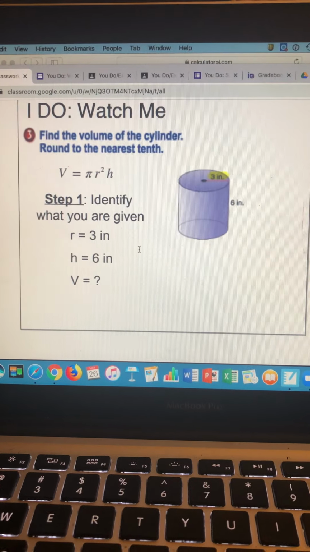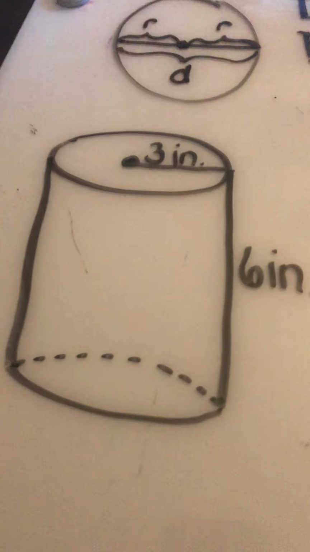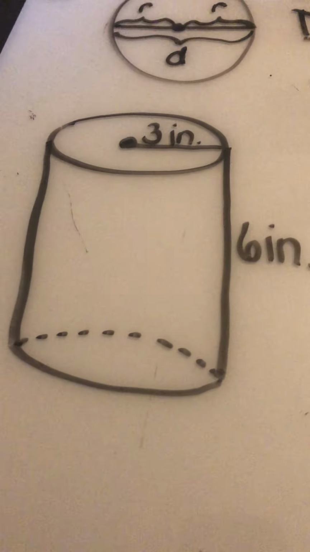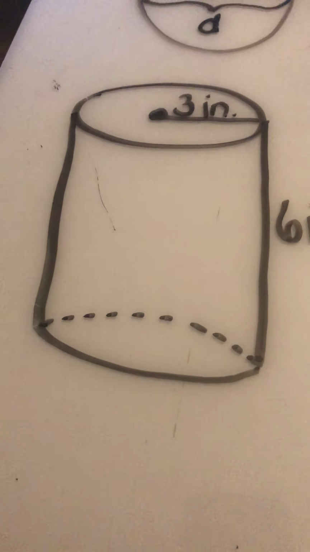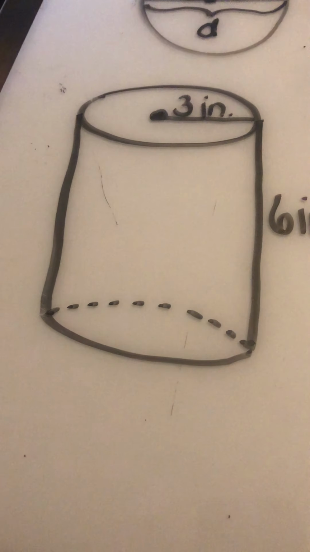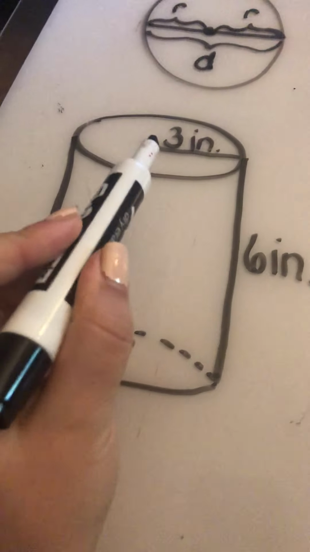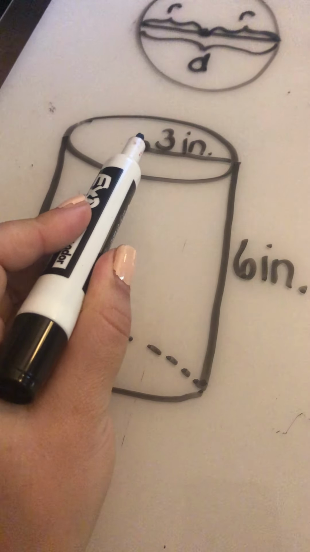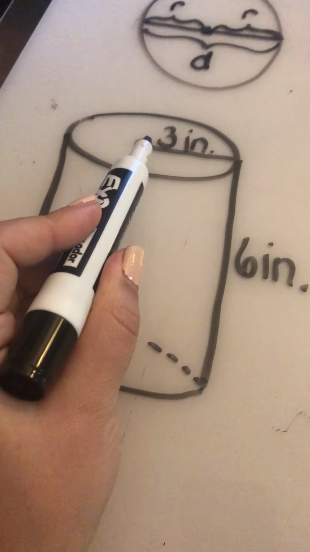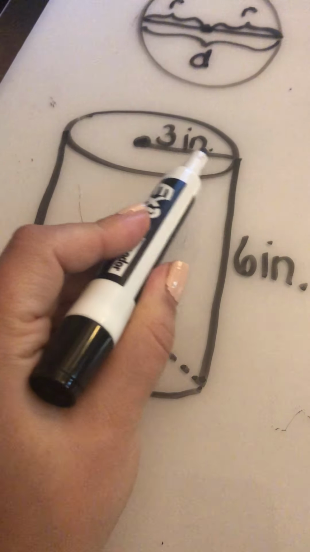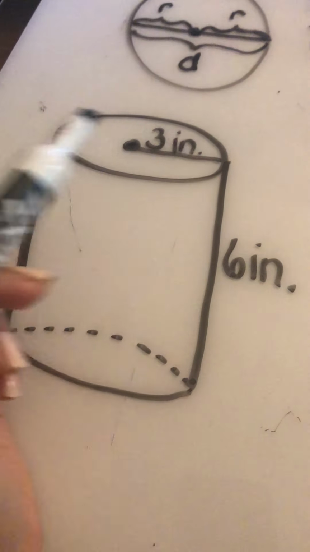All right, so our first problem for volume. We are given a cylinder that looks like this, and the first thing you want to do is identify what you are provided. I noticed that on the top of my cylinder, my base on top, I'm given a radius because it's going from the center to one side of the circle.